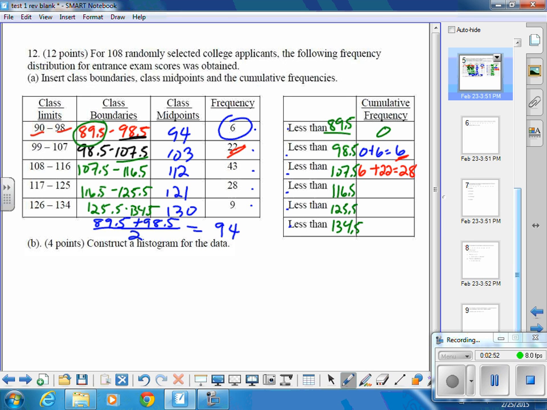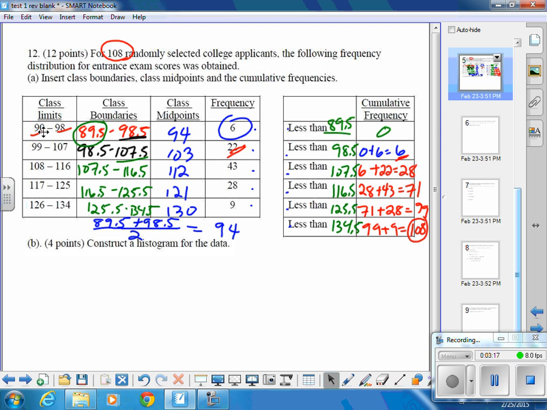Then it would be 28 plus 43 is equal to 71. Then 71 plus 28 is equal to 99. And last but not least, 99 plus 9 is 108. This answer here should be the total of your problem. Now that's how you do the chart.